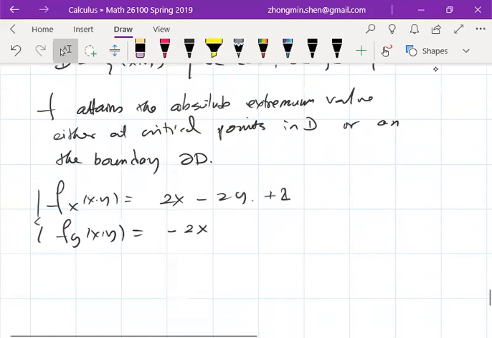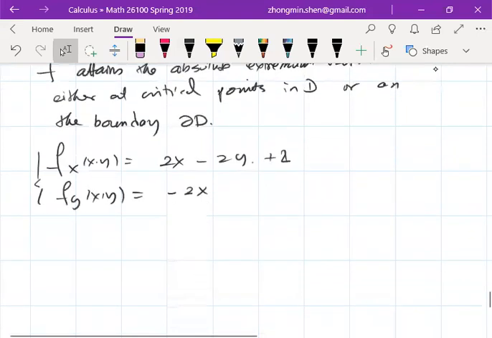We care about the absolute maximum and minimum values. Differentiating with respect to y, you only get one term; with respect to x, you get 3 terms. We set these to be 0, and what you get is x equals 0. When x equals 0, y equals 1. Clear? So we only get 1 point.